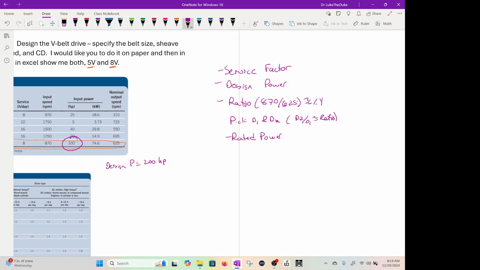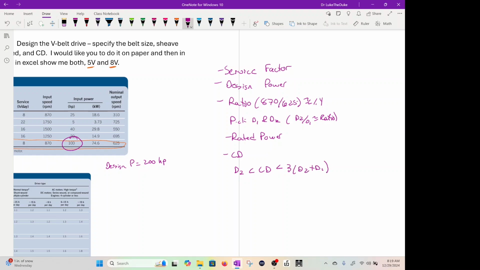Then you can find your center distance. What you could do is pick something between D2 and 3 times D2 plus D1.